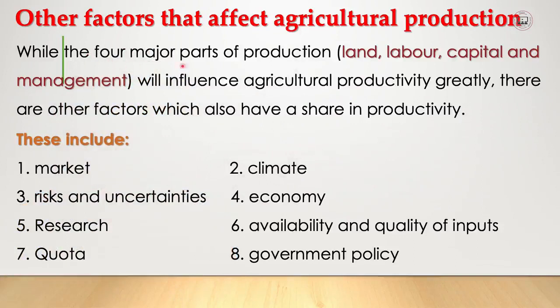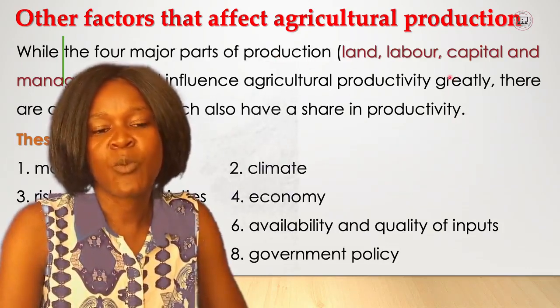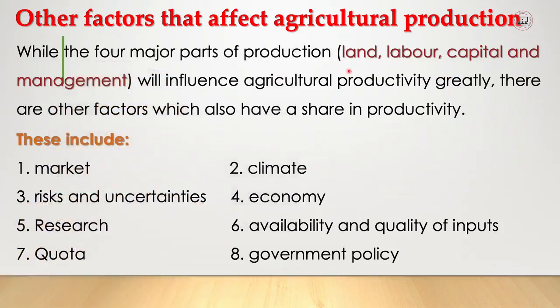While the four major factors of production, land, labor, capital, and management, will influence agricultural productivity greatly, there are also other factors which have a share in productivity. Though the impact of the four main factors is much greater, these other factors of production cannot be ruled out.